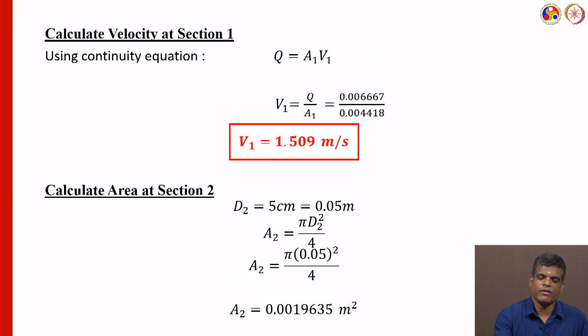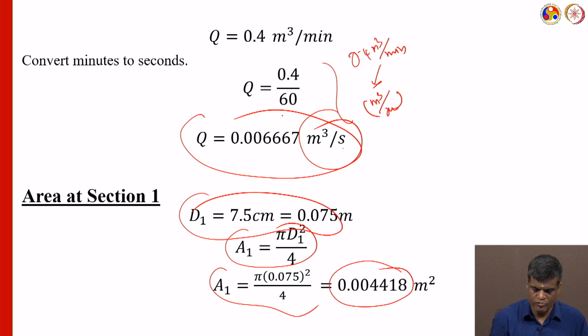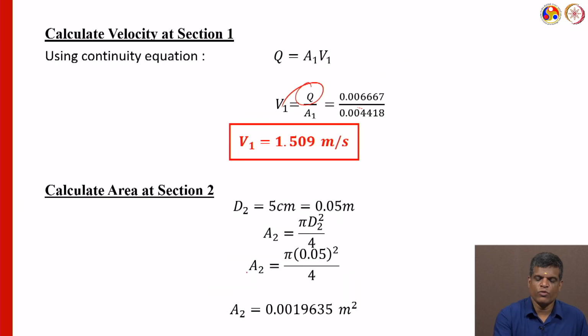Once that is done, we can calculate velocity, velocity equal to Q by A, because the Q value we already got from the problem, given in terms of minutes, and we convert it in terms of seconds. So, finally, we got the V1 value, the velocity at point 1, as 1.509 meter per second.